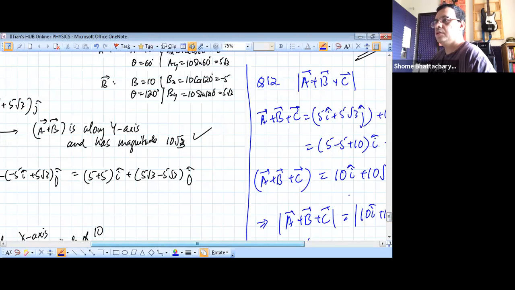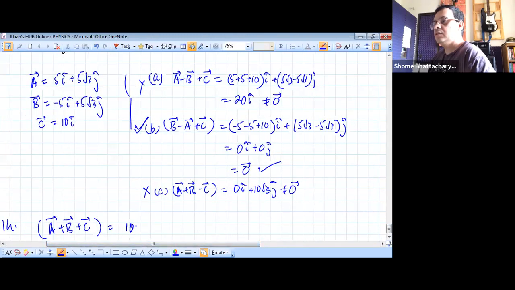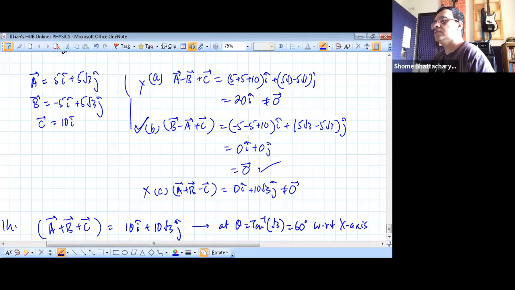Yeah, this part. So it was how much? 10 I cap plus 10 root 3 j cap. We worked this out already. So it is at theta equal to tan inverse of y by x, so that is root 3 or 60 degrees with respect to x-axis.